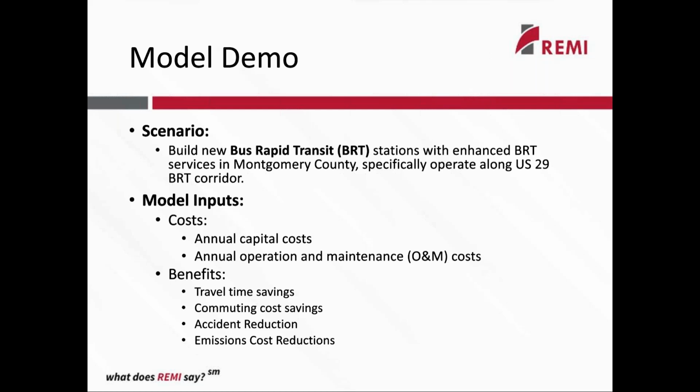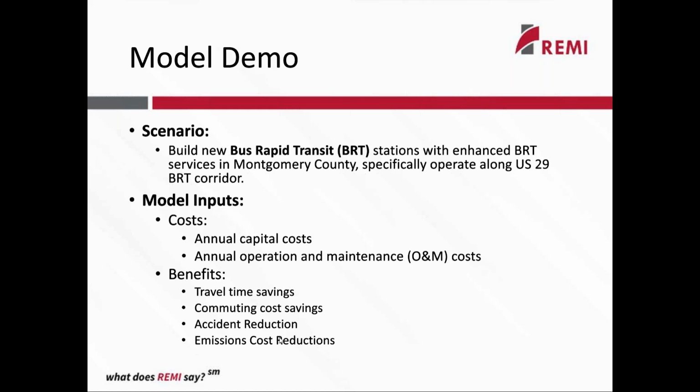And on the other side, we'll be looking at benefits including travel time savings, commuting cost savings, accident reduction, and emissions cost reductions to get a more holistic picture from a macroeconomic perspective and a DEI perspective with this project.